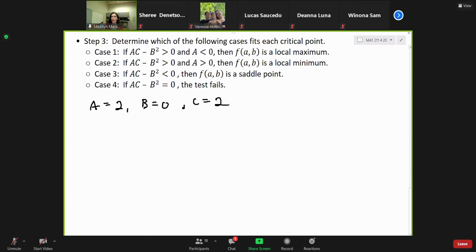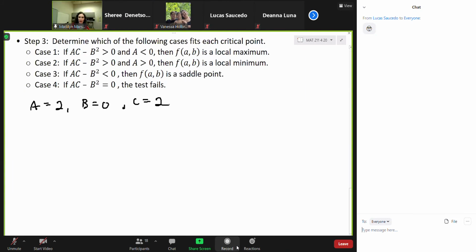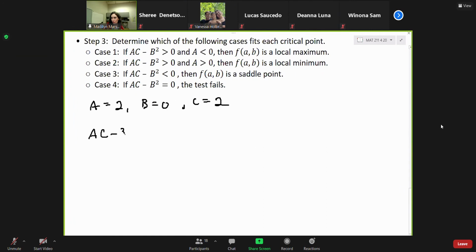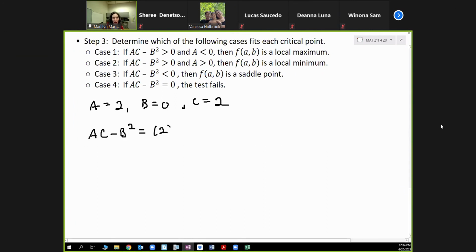So all of the cases want to know what's going on with AC minus B squared. So A is 2, 2 times 2 minus 0 squared, which is 4. So that's a positive number.